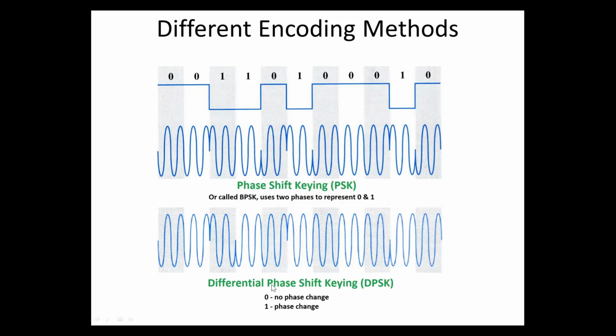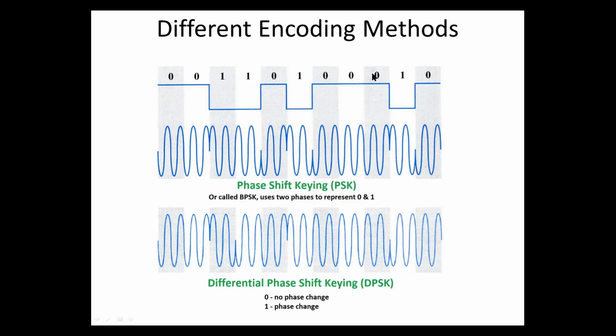And then there's differential phase shift keying, and I forget what that is. I've never really used anything that uses it that I know of, but I guess it uses 2 different phases to represent a 0 and 1.